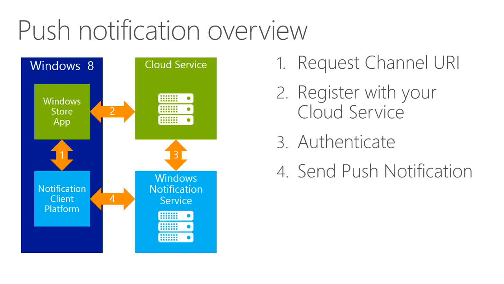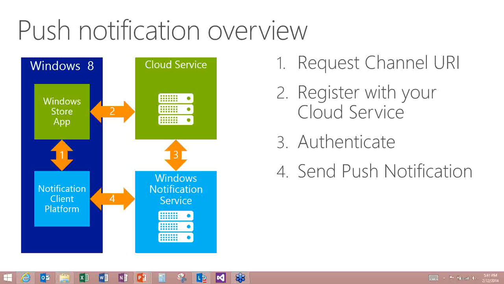You will have to build a cloud service, which is basically your data provider. The data provider is something you will have to build and host. That in turn will have a handshake with Windows Notification Service. Windows Notification Service typically will interact with the notification client platform, and that's how the puzzle completes.